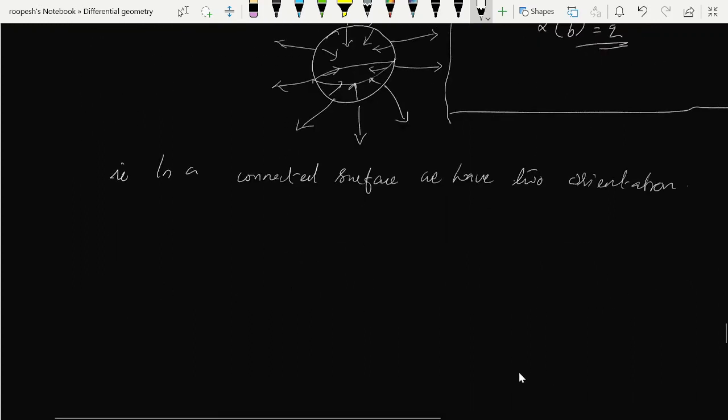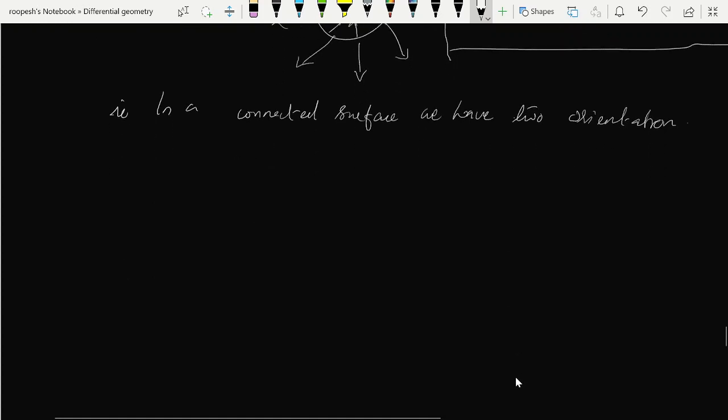So how to prove it? The proof is very simple. We already know one normal direction. What was that? Del f of p. With the use of that we define n1.